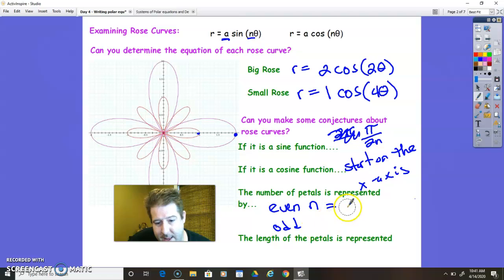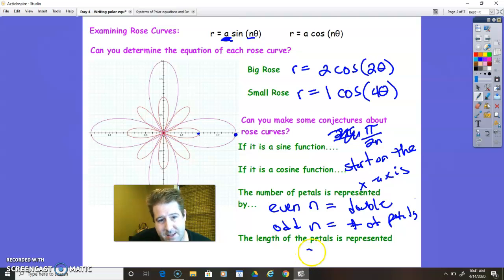So an even n is going to have double the amount of petals, and an odd n is going to have that number of petals. The length of the petals is represented by the a term, so the number that's in front. So whatever is being multiplied in front is the length of that petal.